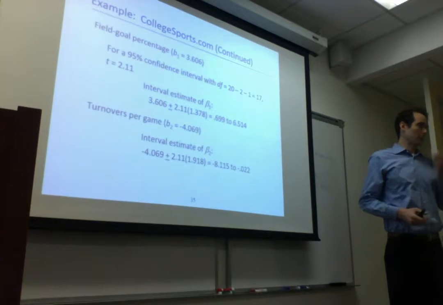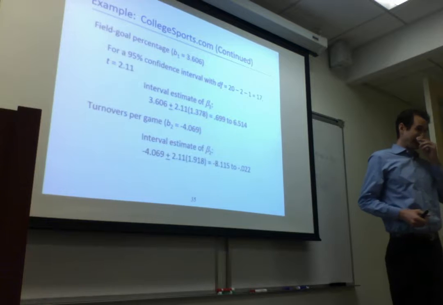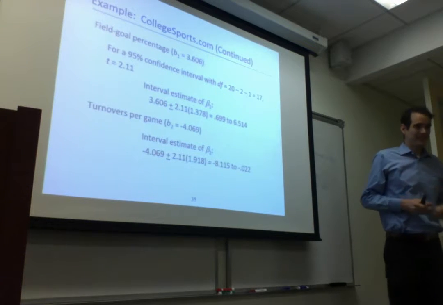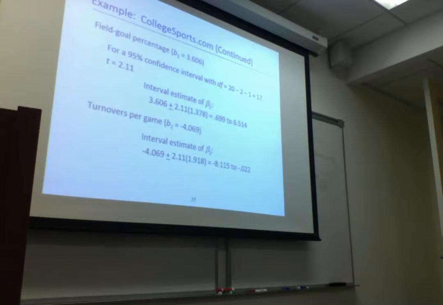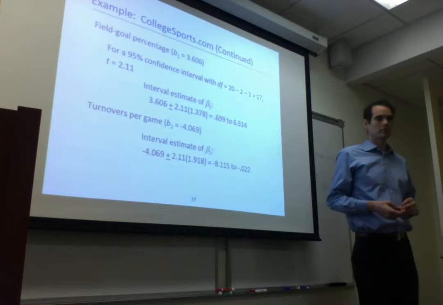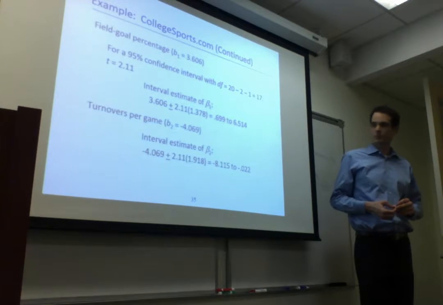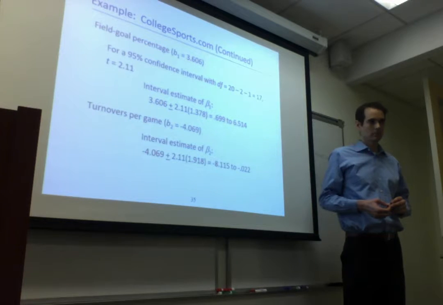This is a little more rewarding. That the slope of the turnover per game is between -8.115 to -0.022.